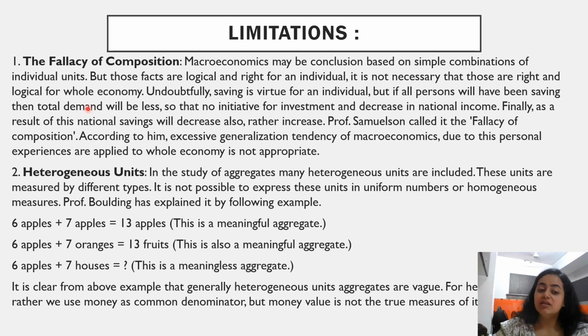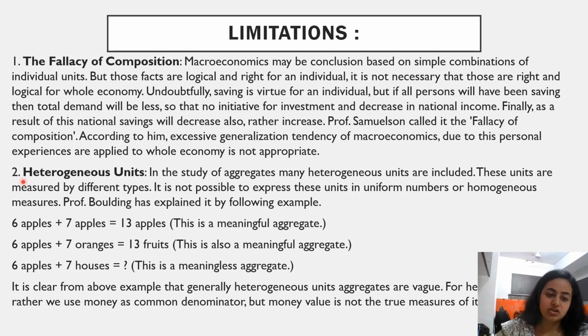But if the entire economy were to save, it would reduce the initiative for investment and national income would fall. Finally, as a result of this, national savings would also decrease. This is the fallacy of composition. According to Professor Samuelson, this is an excessive generalization tendency of macroeconomics, where personal experiences are applied to a whole economy, and this is not appropriate.